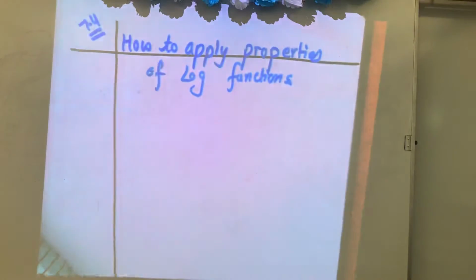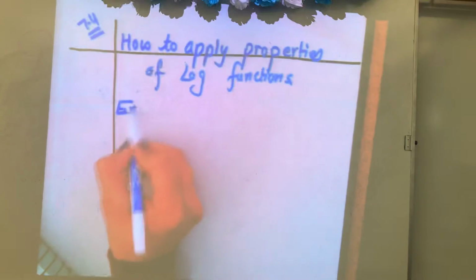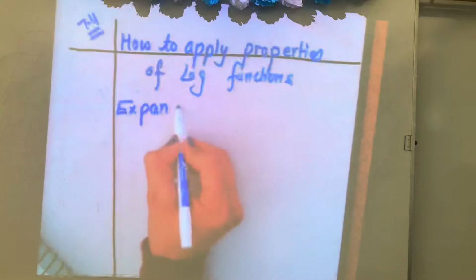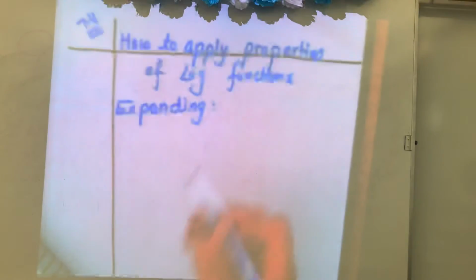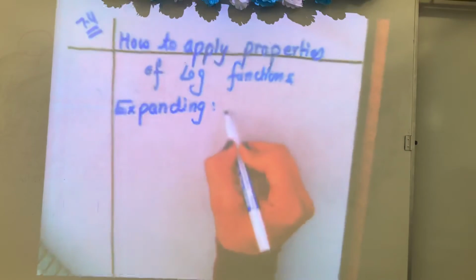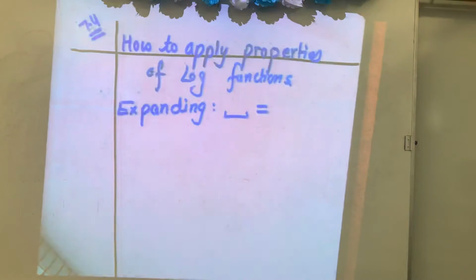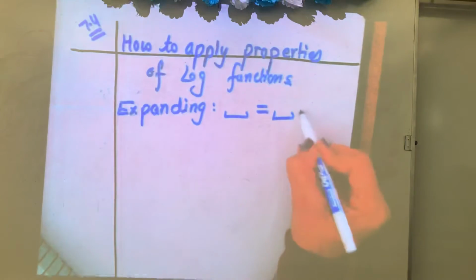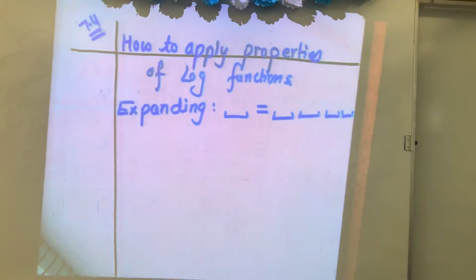Why do we need these properties? We're going to be learning about expanding and condensing of log functions. When I say expanding, it means we start off with one expression with log and you have to break it apart into multiple pieces. That's called the expanding process.